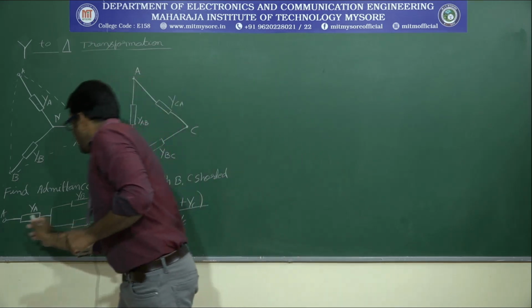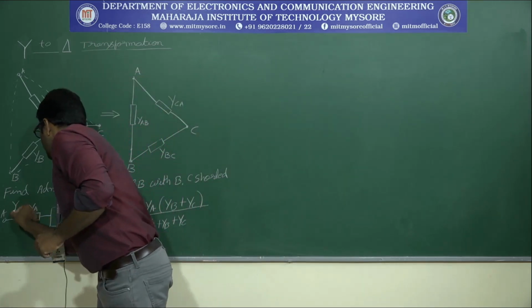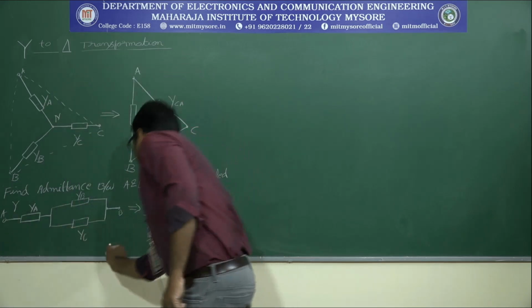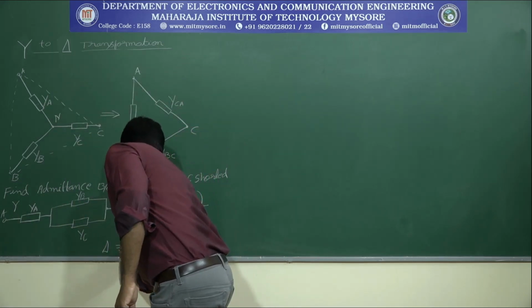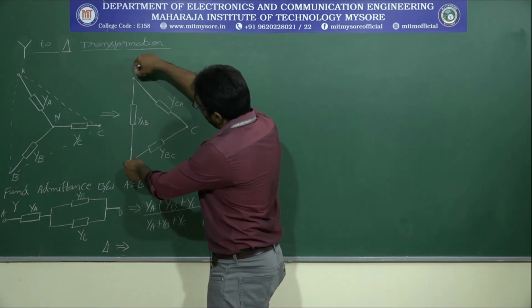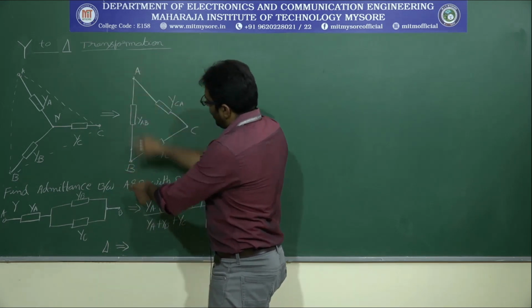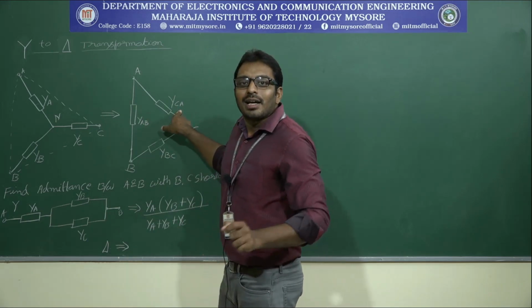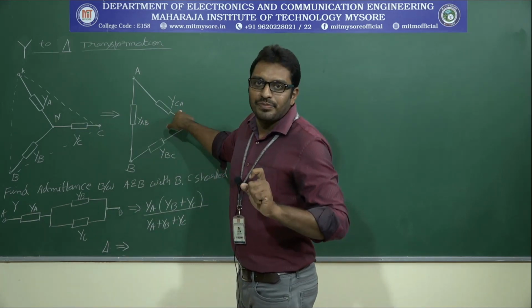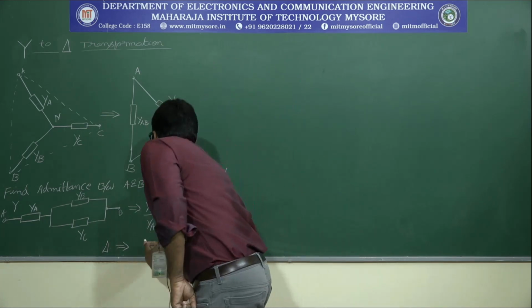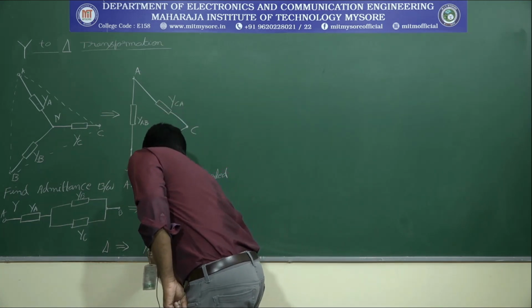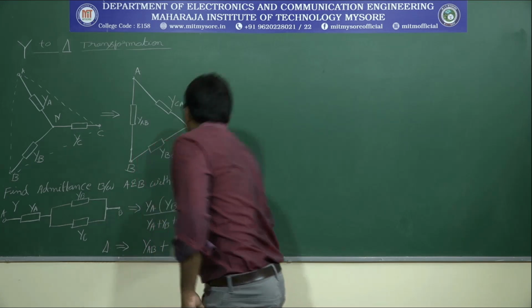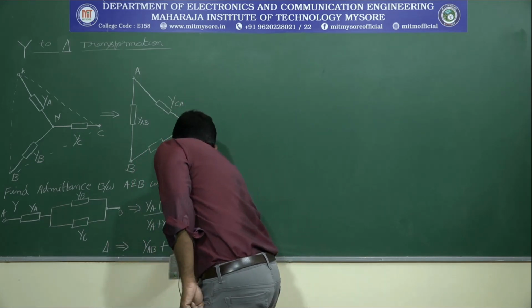Okay, this is for star connection. For delta connection, if you measure the admittance between A and B with BC shorted, YAB and YCA become parallel. Now, what is the equation? YAB plus YCA.